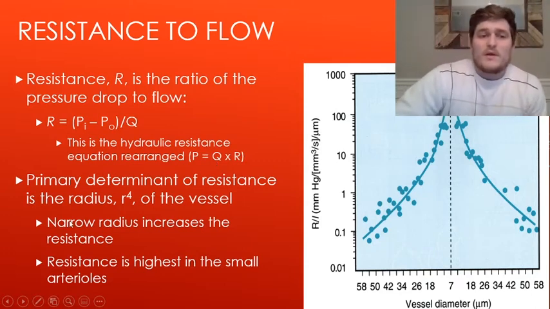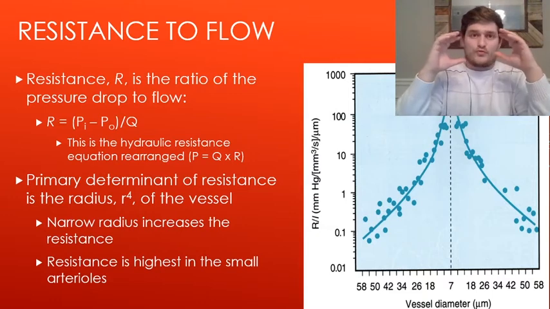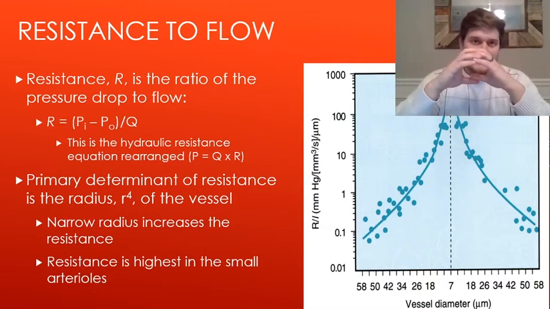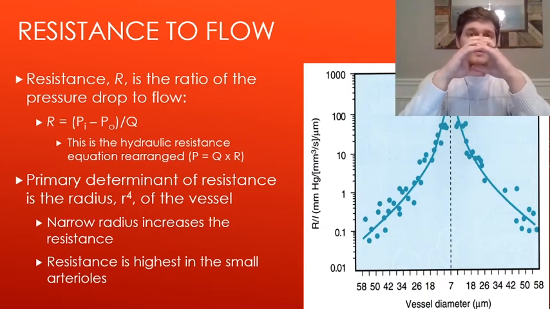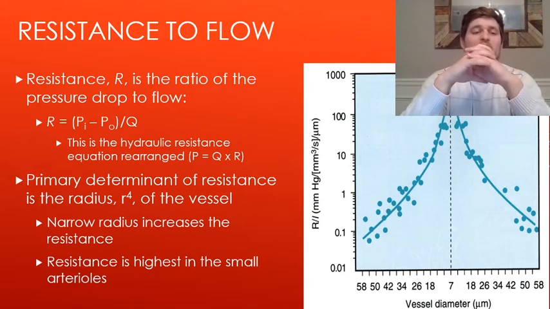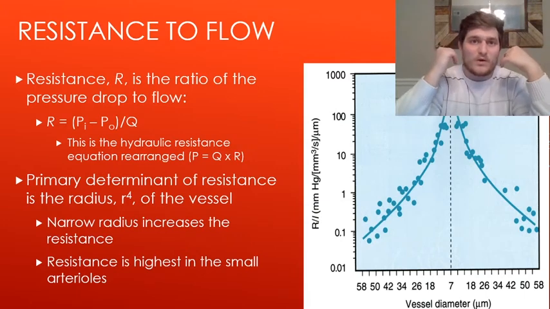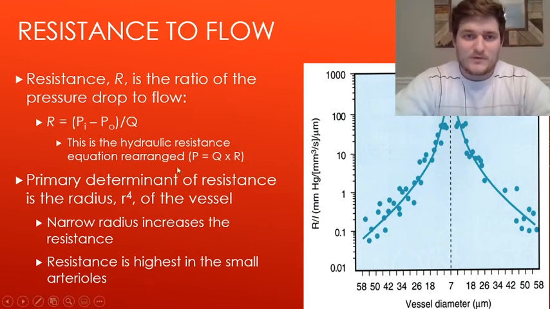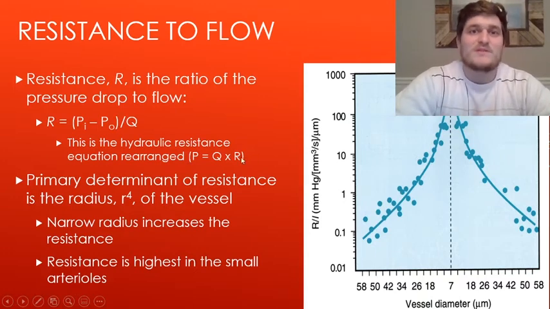And so if you vasoconstrict, blood vessel radius decreases, and thus resistance increases. If you increase resistance, you increase pressure, but you decrease flow.